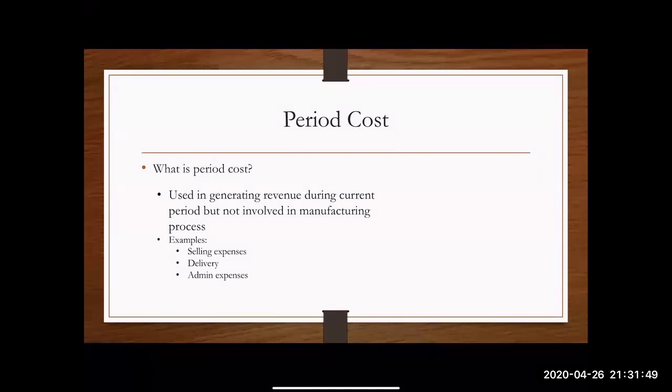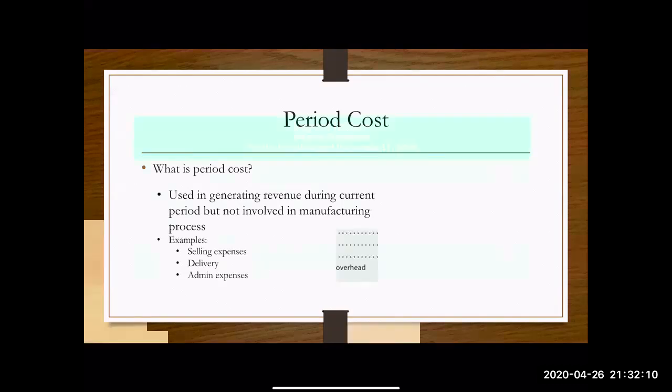And so in chapter 1, we learned about period costs. Remember, period costs are those non-manufacturing costs. They are used in generating revenue during the current period, but not involved in the manufacturing process. And again, those examples include selling expenses, delivery, administration expenses, accountants, marketing, salespeople, and so forth.